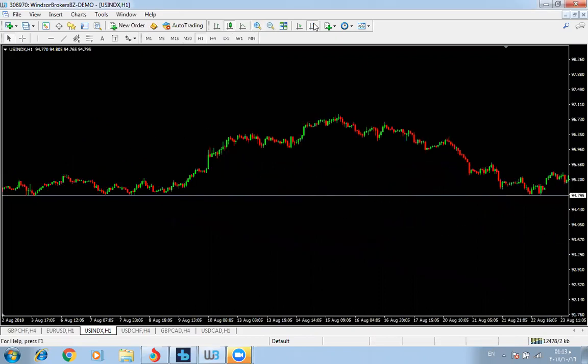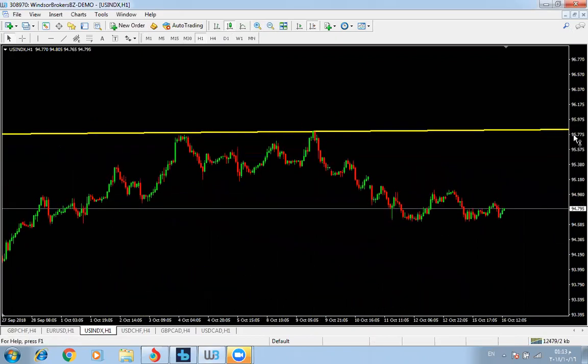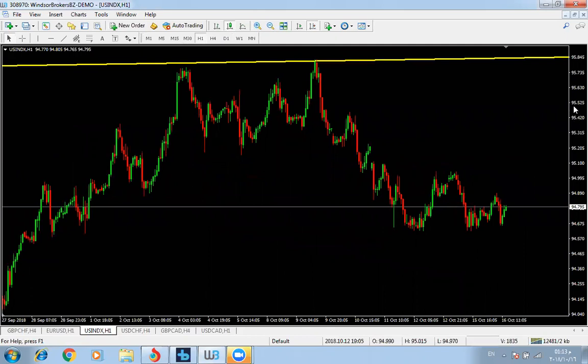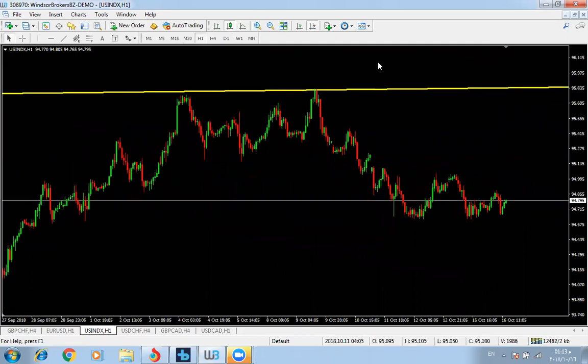Let me zoom in on the 1 hour time frame. This is my impulse that I am talking about. At the moment I am neutral in the dollar index, and the impulse I'm talking about is like this.